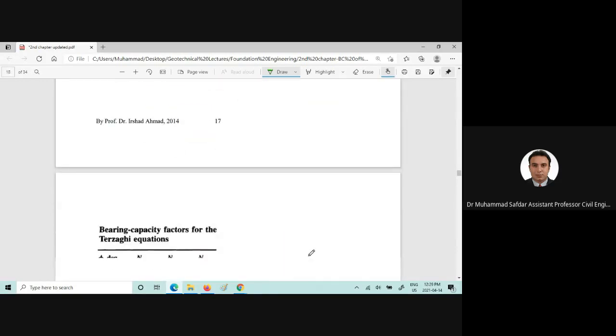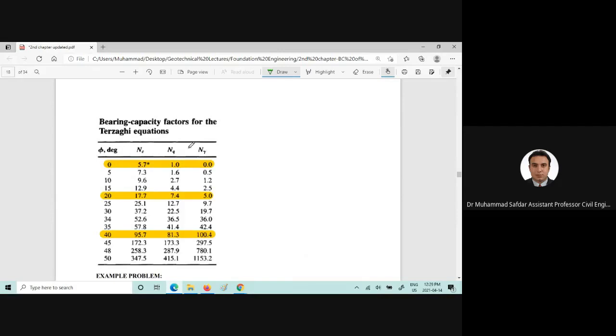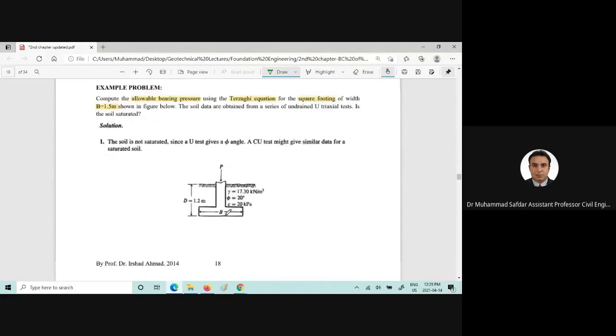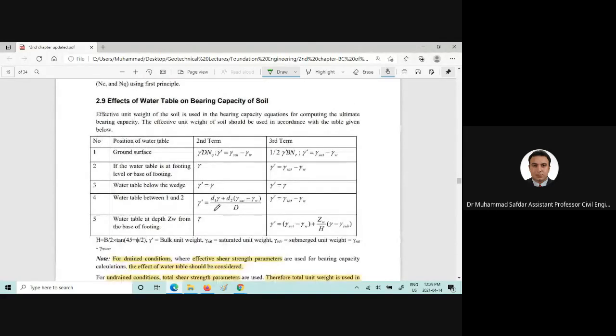Now a table is given, and these are the highlighted values which we will use in examples and problems. Usually the figure is given just to give an idea of how we can find these values. Now, as you can see, in the Q ultimate equation there is the C term, plus Q, and plus half gamma B into N gamma.